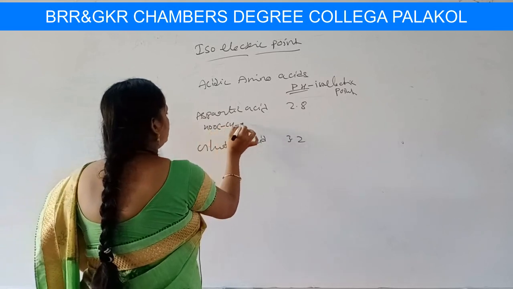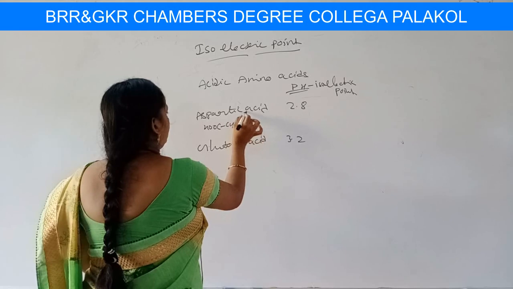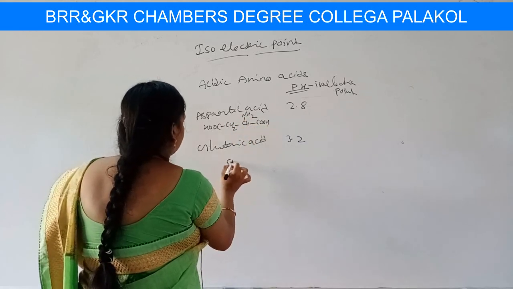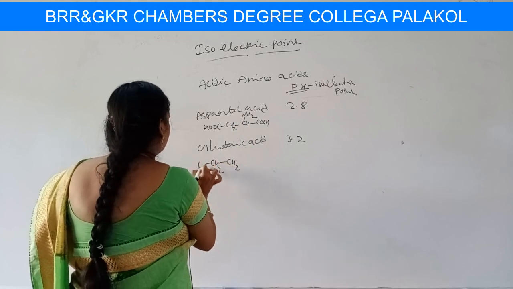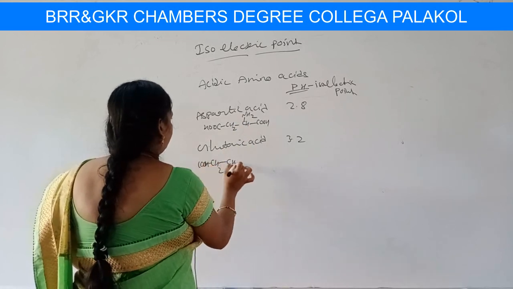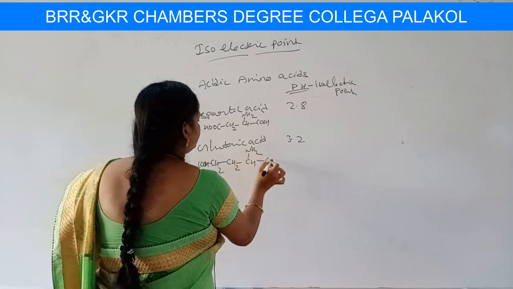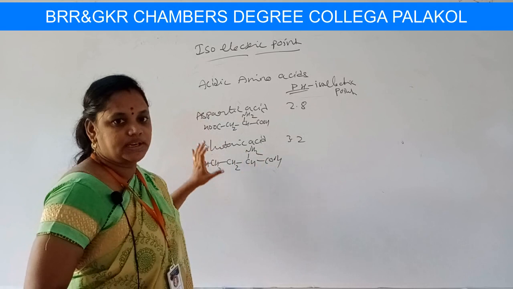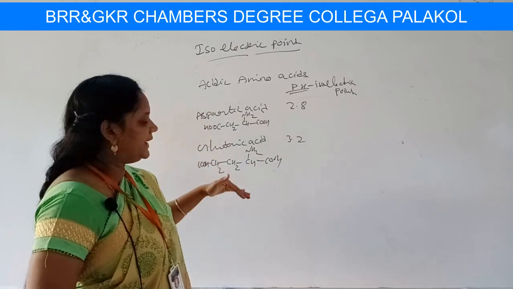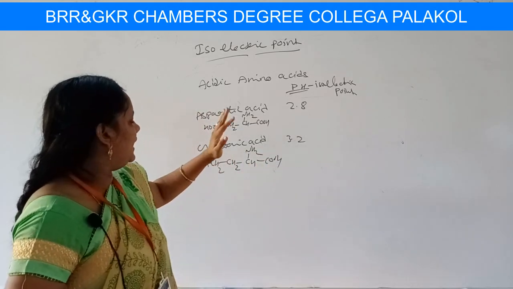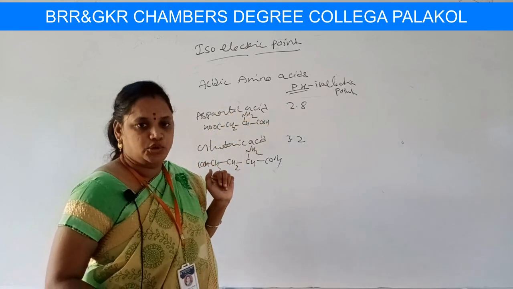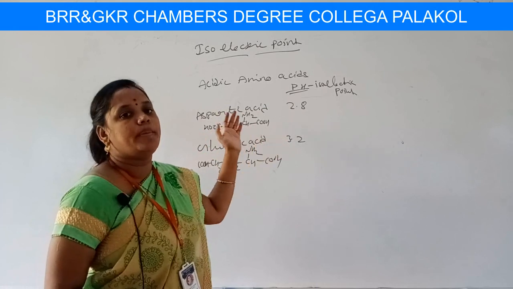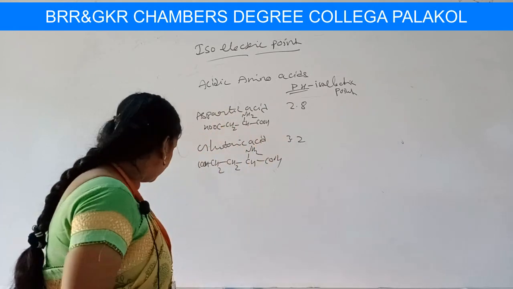COOH-CH2-CH(NH2)-COOH. Here CH2-CH2-COOH-CH(NH2)-COOH. Are you recollecting, students? I have given these structures in tabular form. You can recollect once more, okay? The isoelectric point of aspartic acid is 2.8 and the isoelectric point of glutamic acid is 3.2. Here no migration of ions takes place.